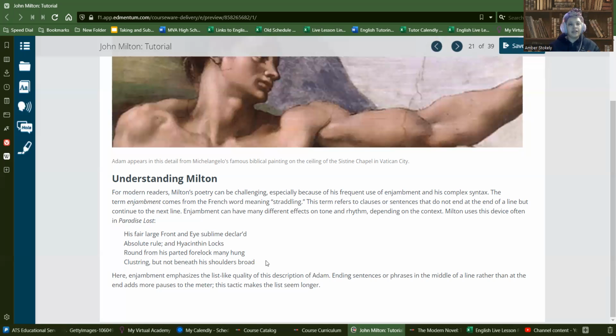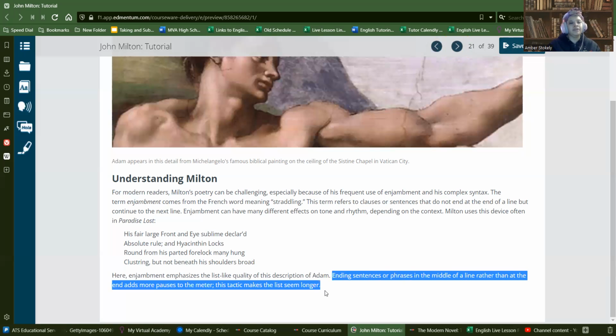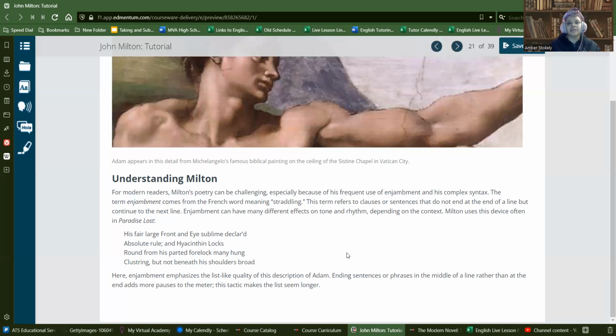And they're giving us a description of Adam, and breaking it up this way just makes it seem more like a list instead of just one sentence describing his hair. We're describing the color, how it hangs, how long it is. And by breaking it up, that sounds more like a list. And then it says here, ending sentences or phrases in the middle of the line rather than at the end adds more pauses, and this tactic makes the list seem longer when you read.